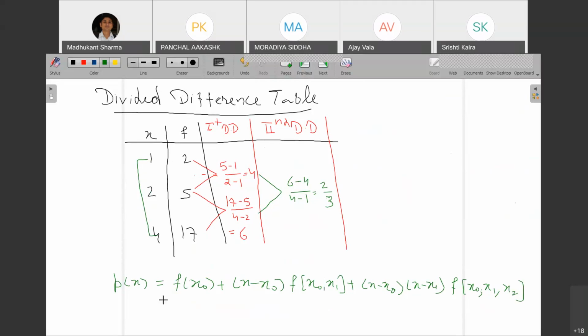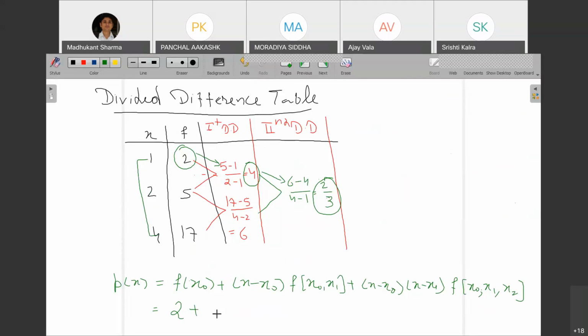You extract these from the table: this is your f of x naught, this is the first order divided difference, and this is the second order divided difference. You are looking in the downward direction. So f of x naught is 2, plus x minus x naught, which is 1, right?